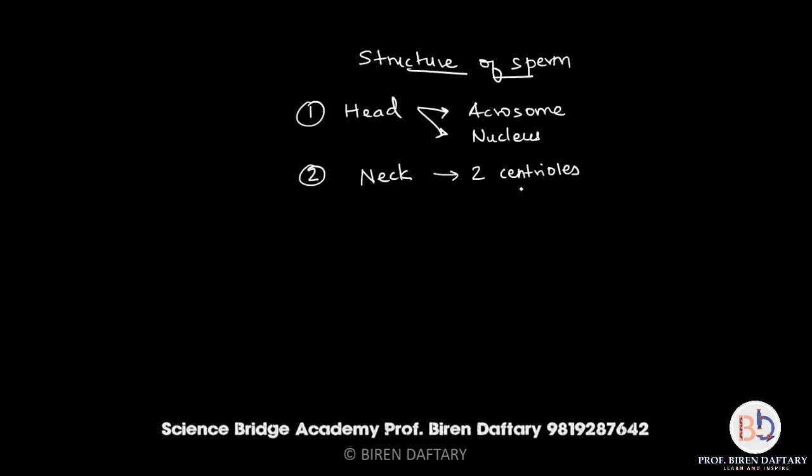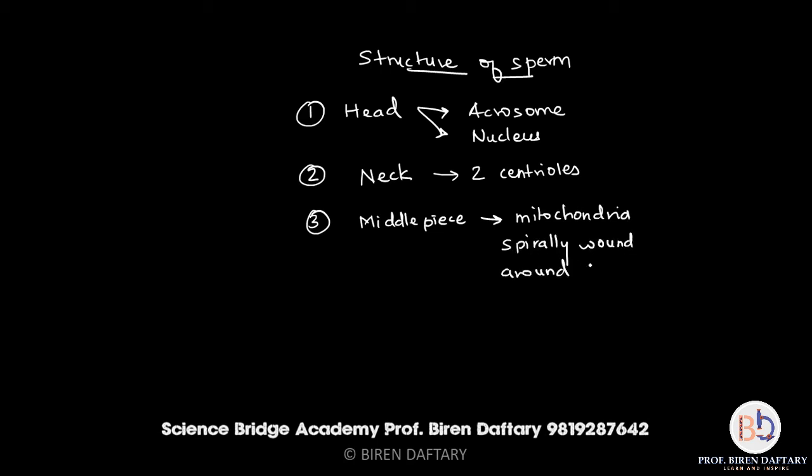The third is called the middle piece, which is made up of mitochondria, which are spirally wound around something called the axial filament.